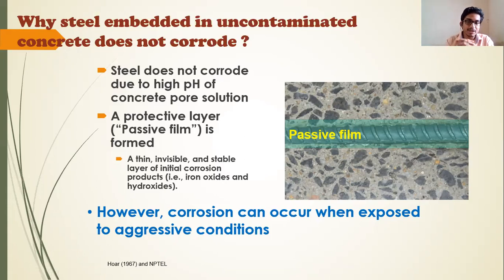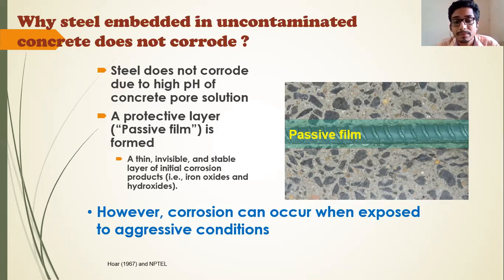Steel doesn't corrode due to the high pH of the concrete pore solution. When we pour concrete in a system, immediately the pH level around the steel bar increases, and this zone is known as the passive zone of the bar, which helps the steel bar to be protected from corrosion.